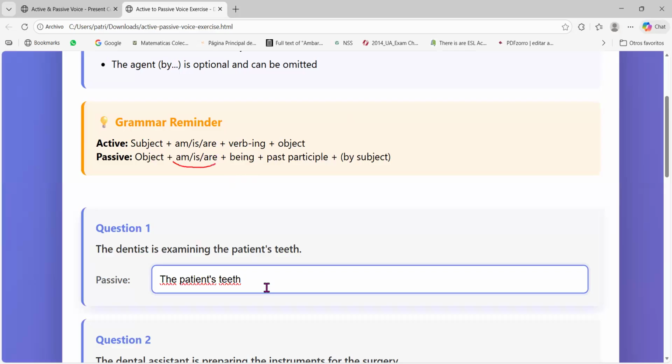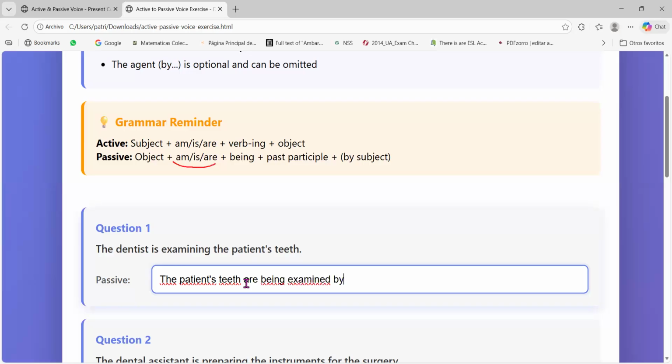The patient is... It's plural. Teeth. So, no, are. Yes, are being examined by the dentist. Examined.